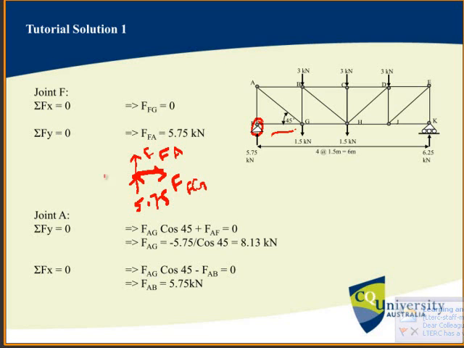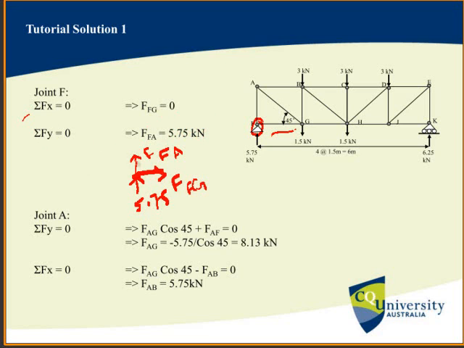From this figure, we can say summation of Fx equal to 0, our first equilibrium equation. In that case, we have to consider the x axis forces: FFG equal to 0. And summation of Fy, our second equilibrium equation: FFA equal to 5.75 kilonewton.